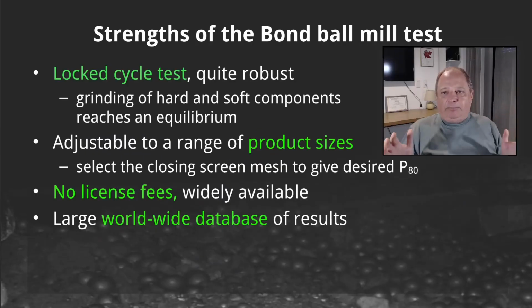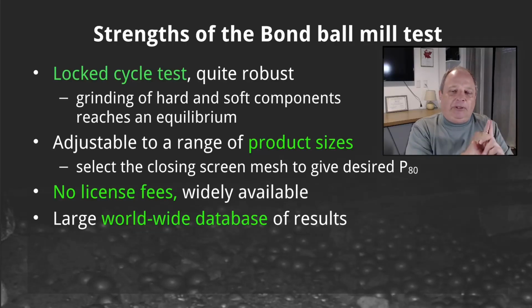Okay, so the Bond ball mill work index test, or the Bond ball mill grindability test, the strength of it is that it's a locked cycle test. So that makes it very robust, especially when you've got minerals that are mixtures, when you've got composite feeds. You might have a hard and a soft component in that feed.